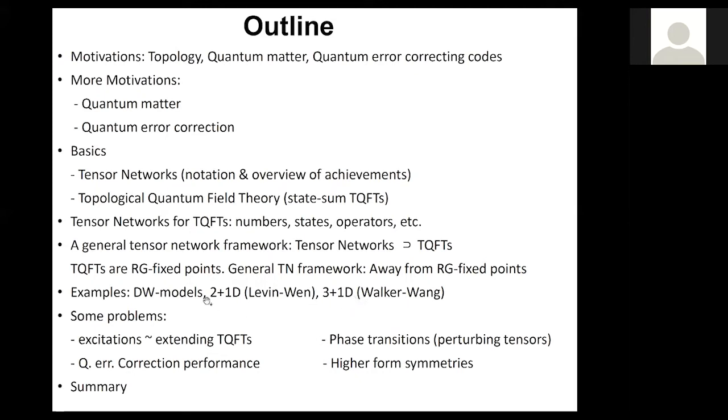And all of these are TQFTs. So by construction and by the results, they are a special case of tensor networks. But I want to give the specific tensors that give us the relevant states and operators of the topologically ordered model.